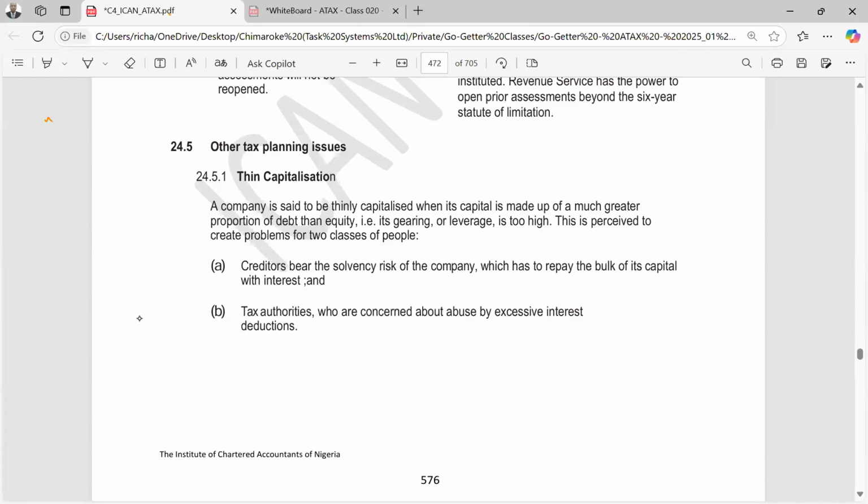All right. Now, thin capitalization is a result when the capital that makes up your capitalization has a larger portion of debt than equity. So how do we measure debt and equity? By using something called the gearing ratio.